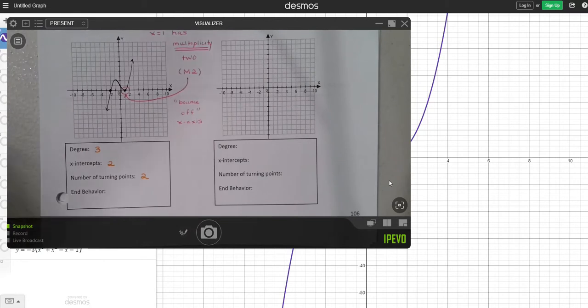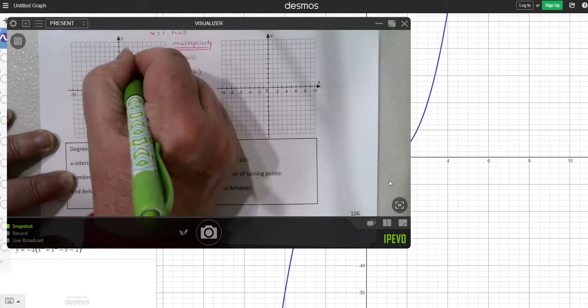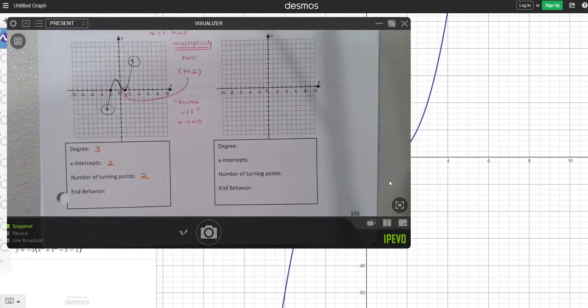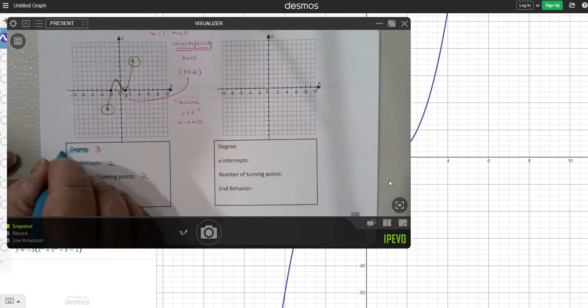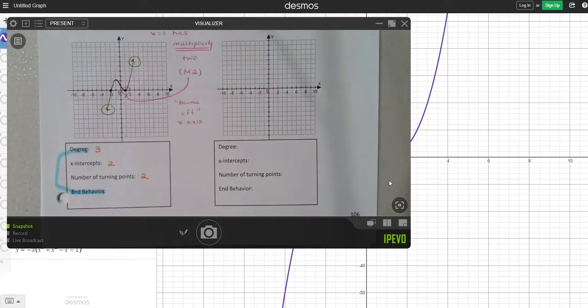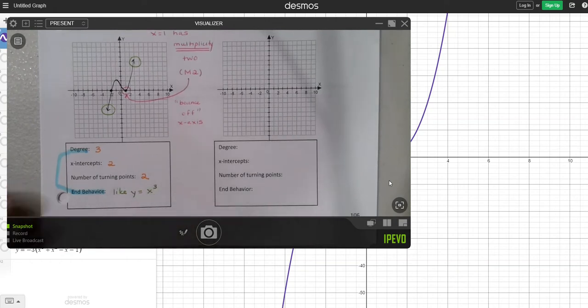And then the end behavior, down on the left and up on the right. We talked last time about how the degree and the end behavior essentially go together. Since this is a degree 3 polynomial, I would expect the end behavior to be like y equals x to the third power.